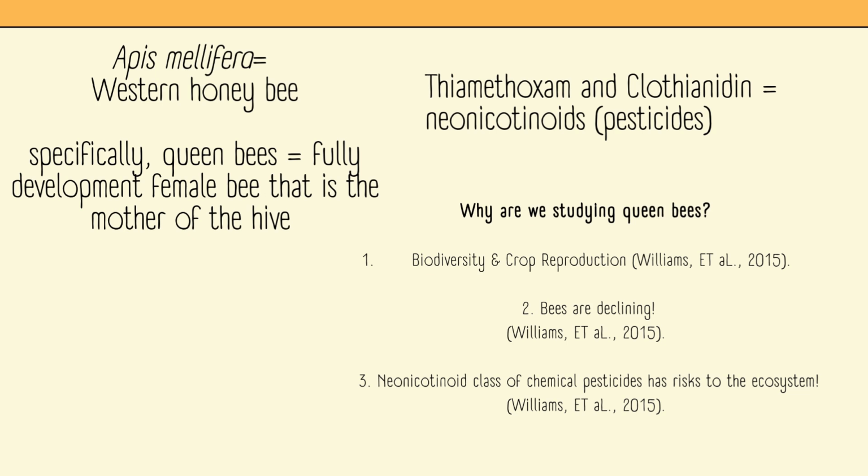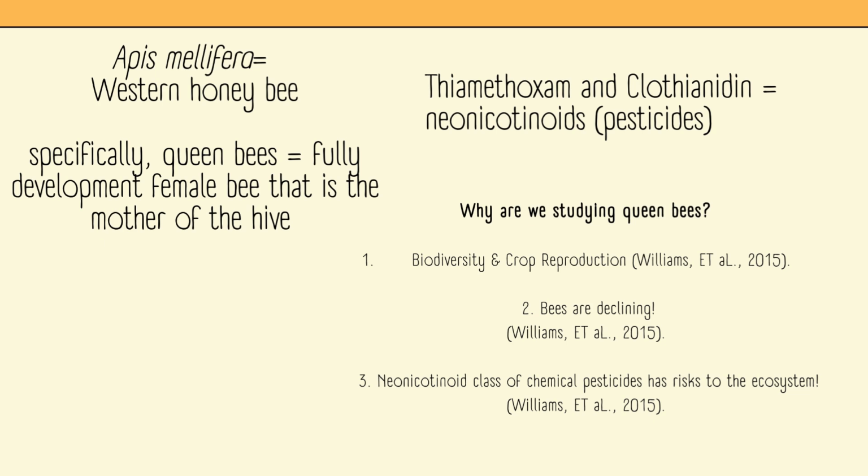So, why are we studying queen bees? Bees are vital to global biodiversity and food security through their pollination of plants, including several key crops. Bullet point two is that there's an overwhelming amount of evidence now suggesting that numerous wild and managed bee populations are in decline.